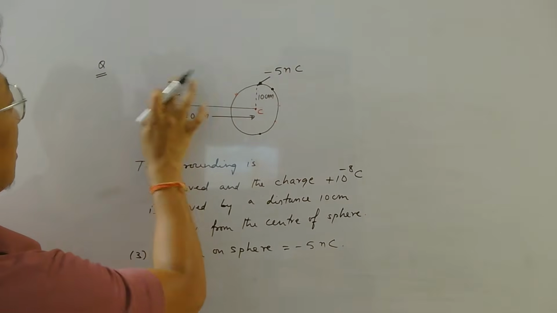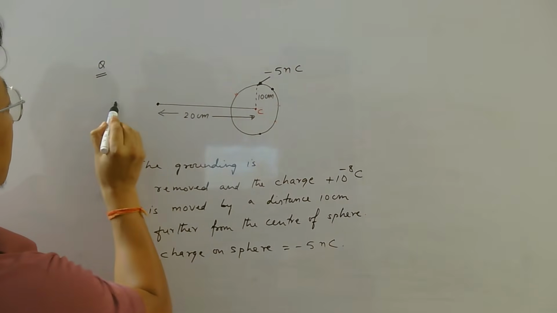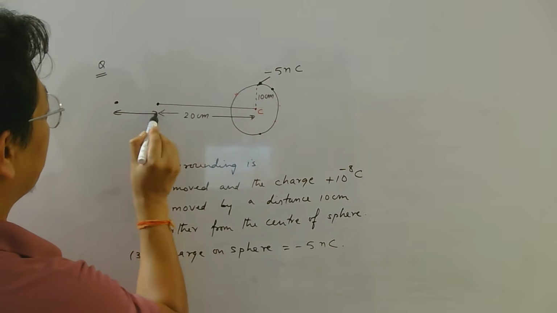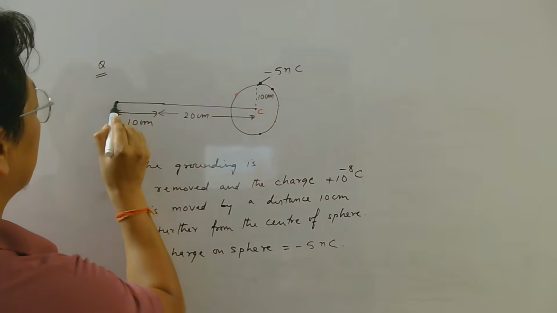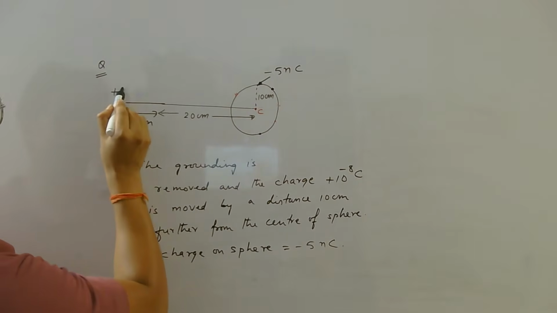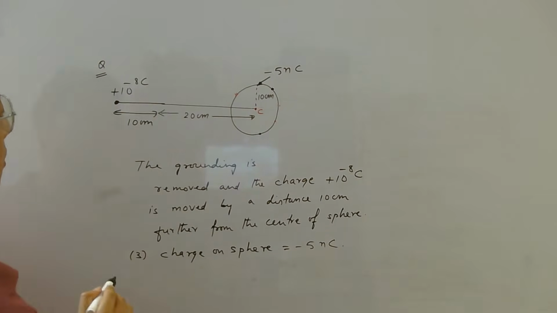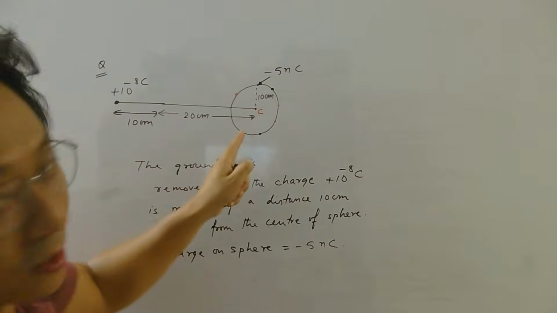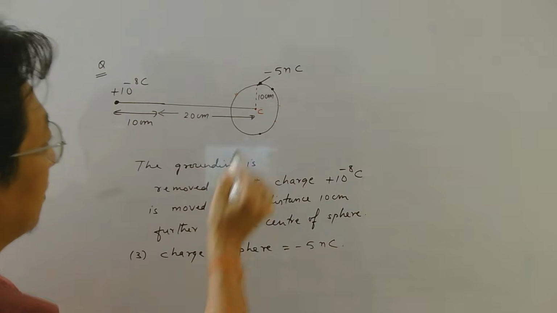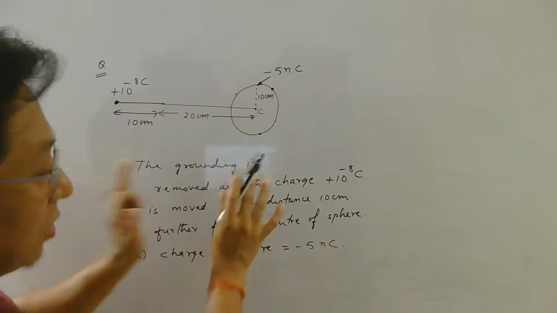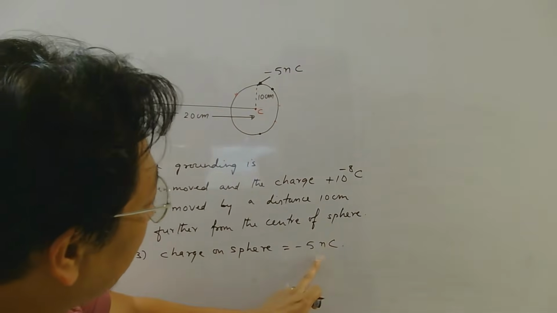So now the charge is here, the point charge, plus 10 power minus 8 coulomb, which means from the center now it will be at 30 centimeter. So in the third part we have to check the charge on the sphere after we have done all these changes will be minus 5 nanocoulomb or not.